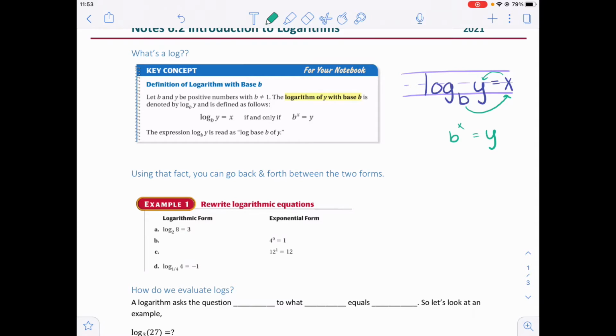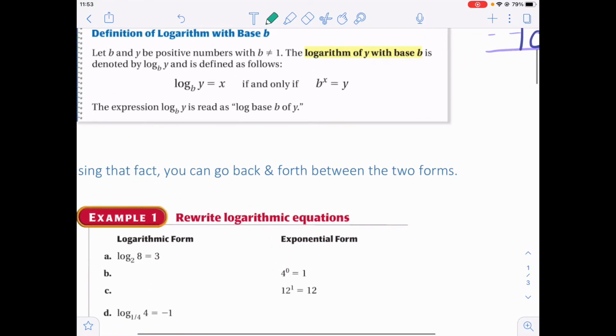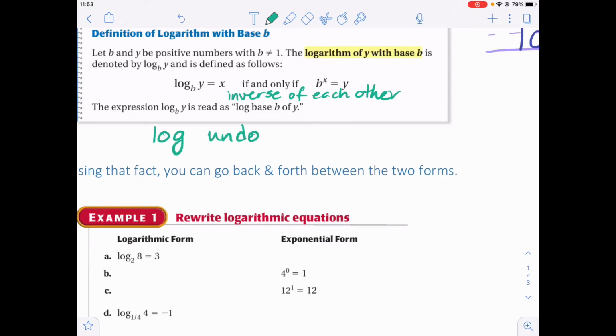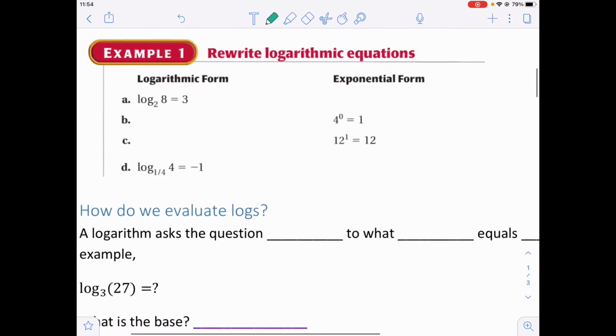And because we can do this, these are inverses of each other.